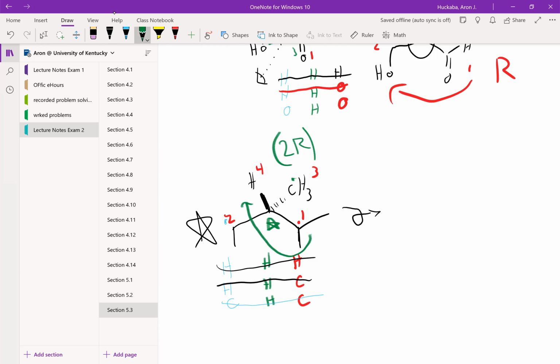All right, so if we do our rotation, now we have the same start to our molecule here. Remember, this was 2, that substituent there. So number 1, which was this isopropyl group, was on the normal bond, but now it's going to be on the wedge.